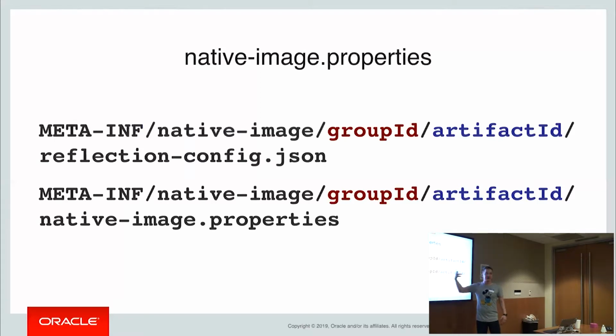So for example, if you know that Netty uses certain JNI or uses certain classes and you need to open them for reflection, you can put the certain files inside your archive and make it easier to consume and use in the GraalVM native image thing. And Netty actually does that.